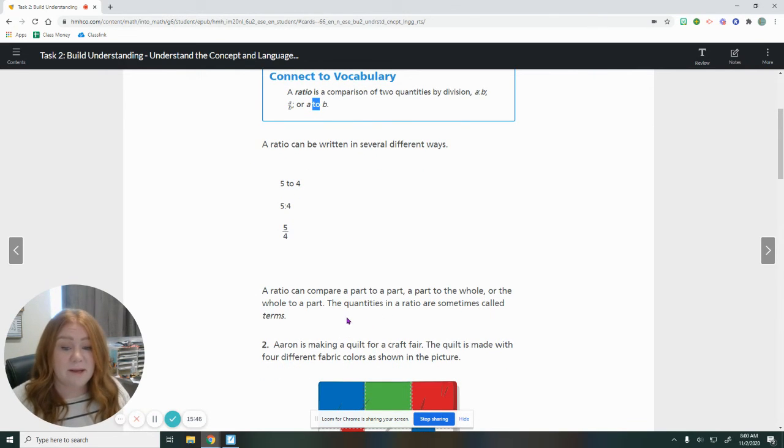So a ratio we can compare part to part, like we just did the black kittens to the orange kittens. We can compare parts to the wholes. So I could say there are this many orange kittens to the total kittens. Or we could do that backwards and say this is how many kittens there are. This is how many are orange. So all of these pieces are called terms.